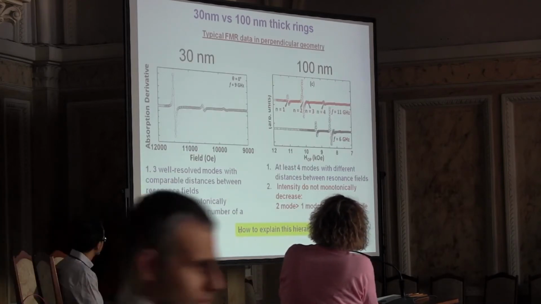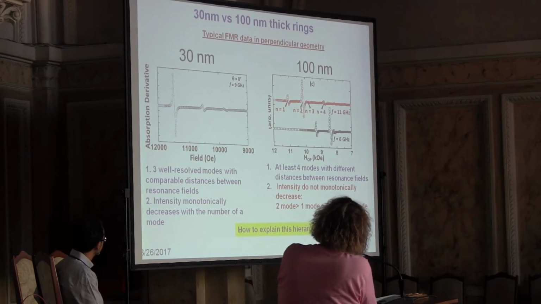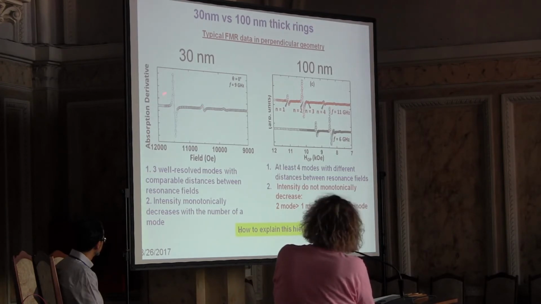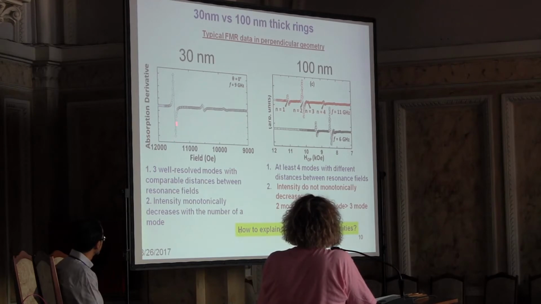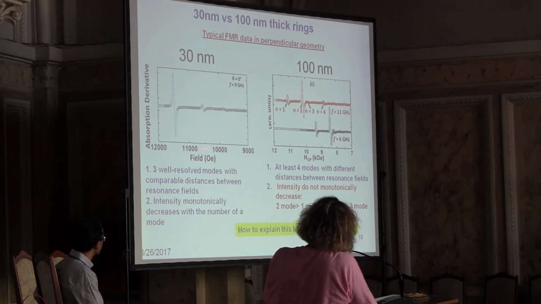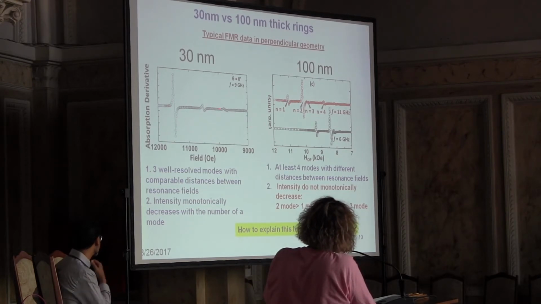Now let's compare the typical FMR diagram in perpendicular geometry for thin rings and for thick rings. In perpendicular geometry there is no splitting, and you can see distinct peaks of standing spin wave modes. And the most important thing is that this is the usual dependence of intensity of the mode on the external field, or resonance field. It means larger field, larger intensity.